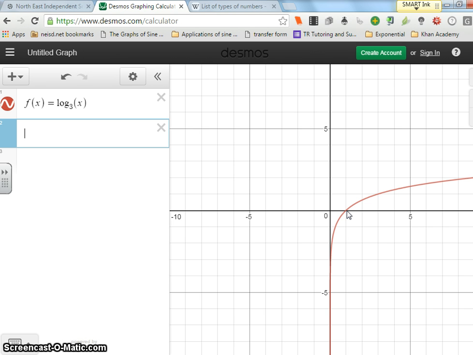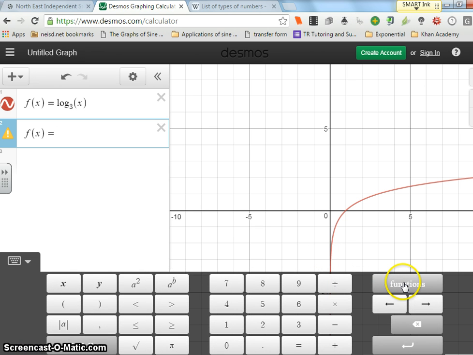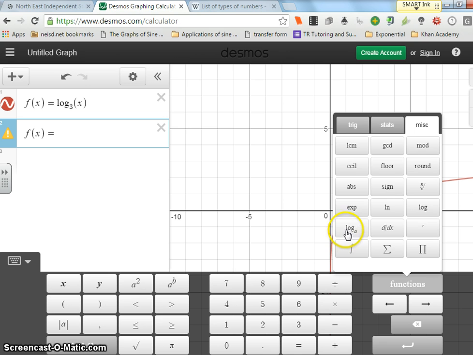So if I want to move it over 1, 2, 3 units to the left, notice I can't put the 3 in, but I need the 3. So I have to go back in here. I have to go to Functions, Miscellaneous.